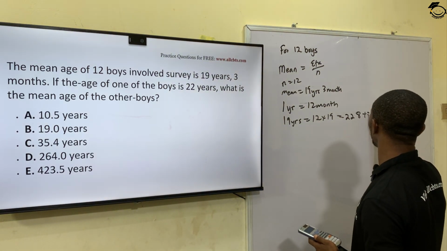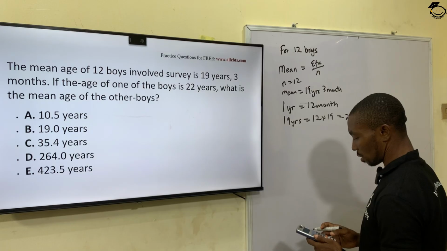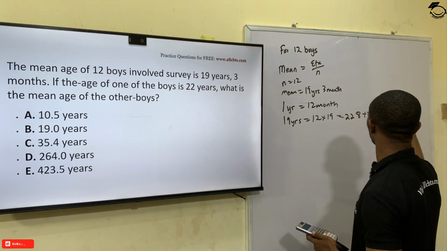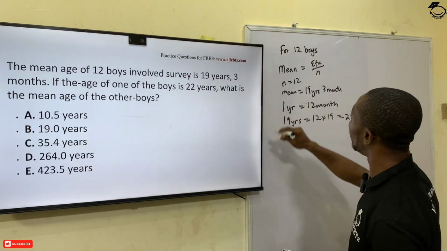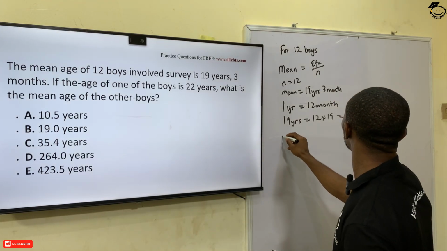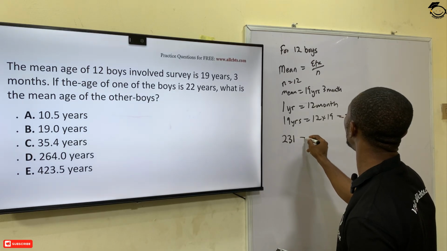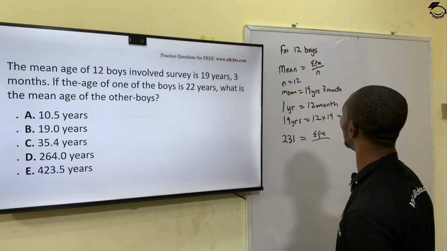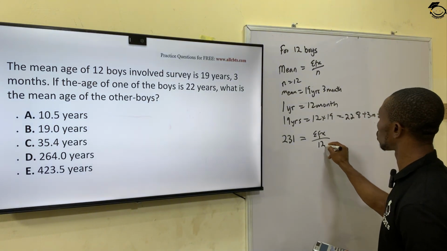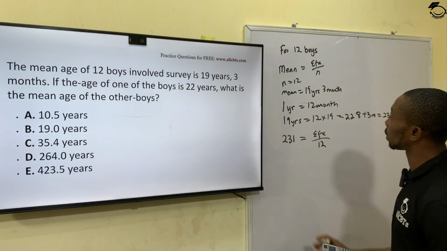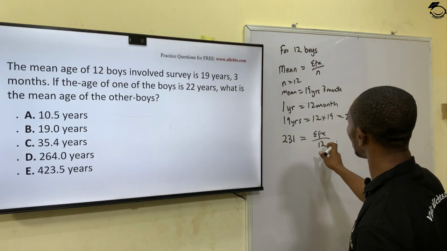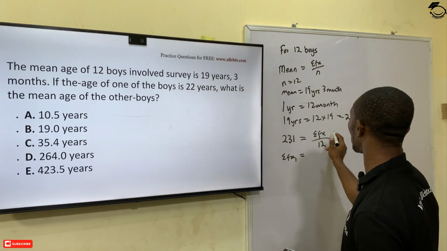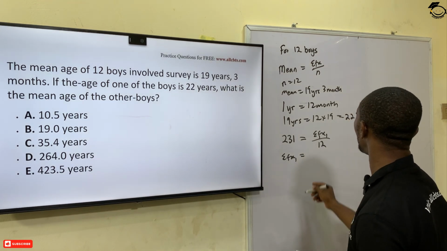Plus 3 months would give us 231 months. So the mean of the 12 boys in months will be 231 months equals our Σx, which we don't know, over the number of boys, which is 12. So to find the total of the ages in months, our Σx1, let's call this Σx1, would be what?